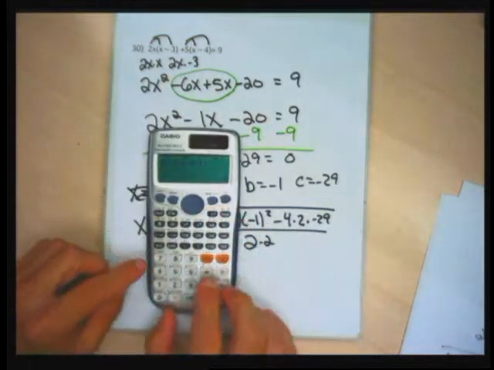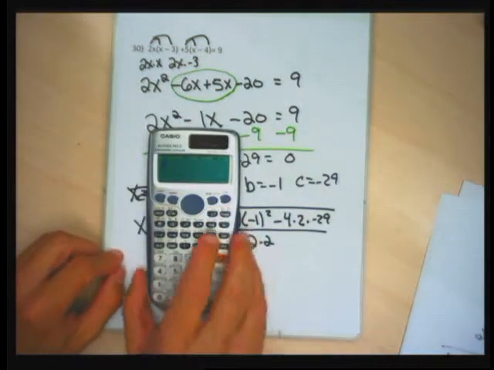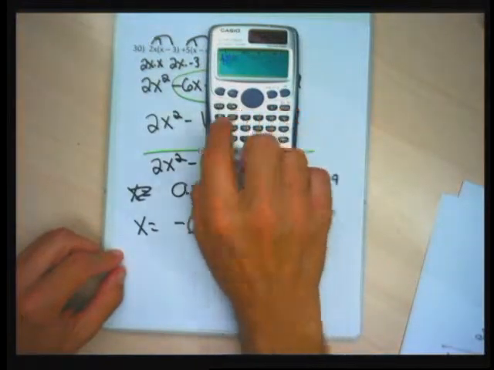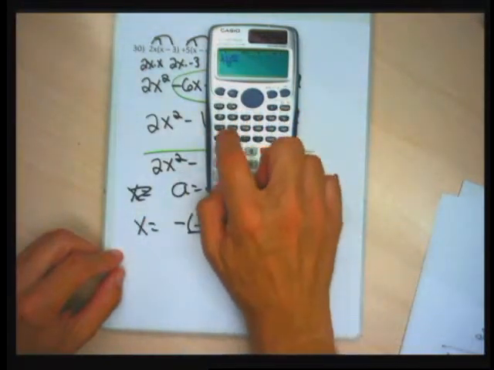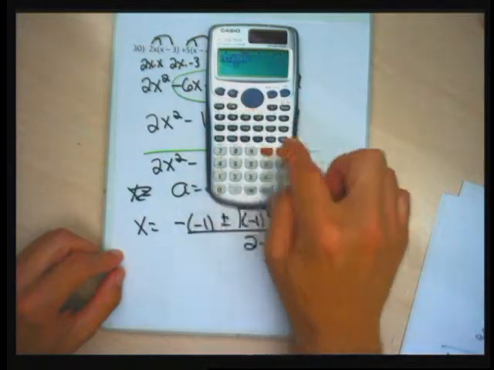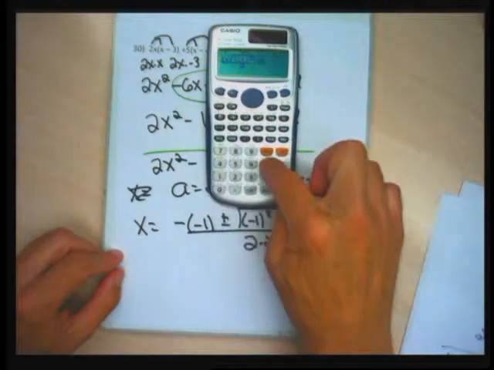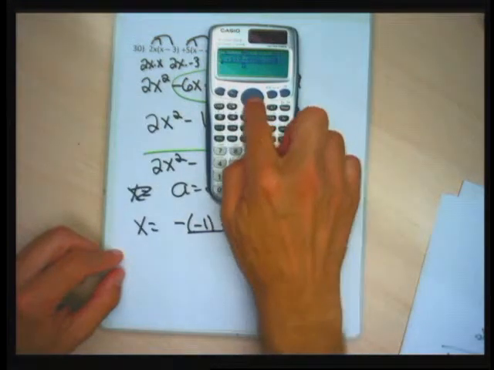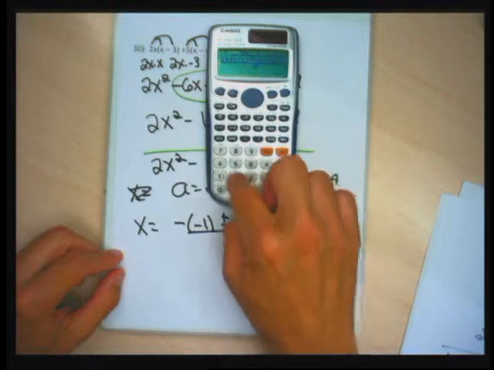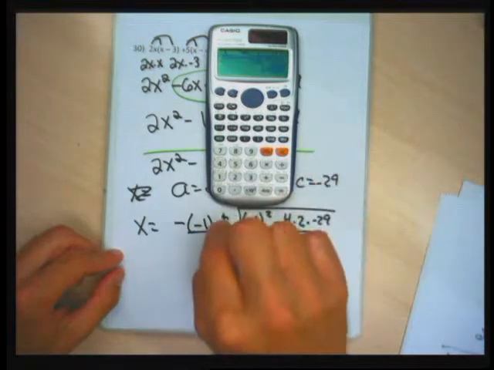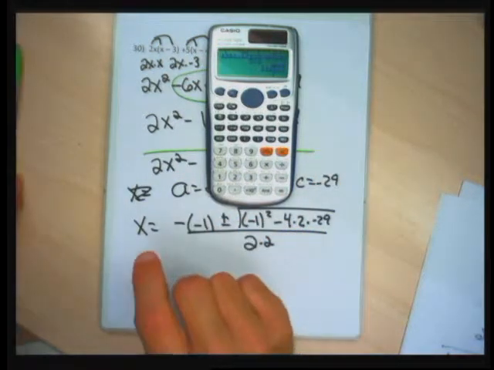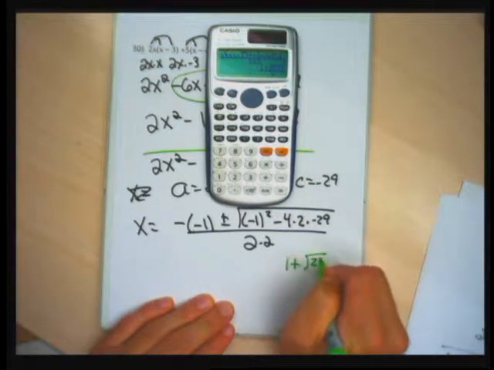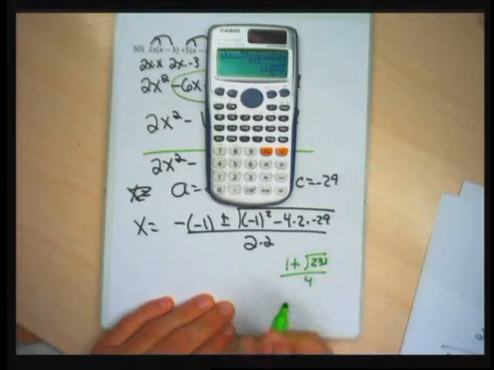Calculator time, so fraction, double negative, I put a 1 in for it, and then plus square root of negative 1 squared minus 4 times 2 times negative 29, over 2 times 2, and I get 1 plus the square root of 233 over 4.